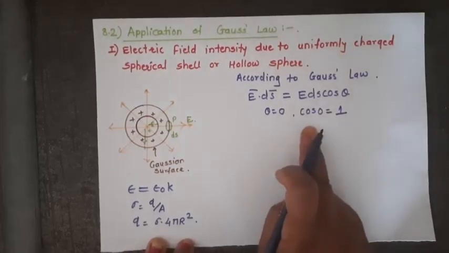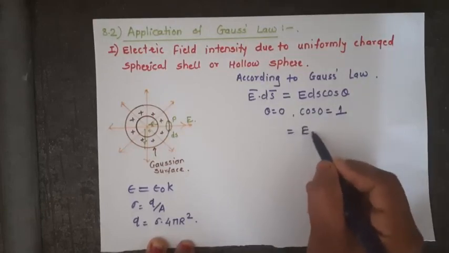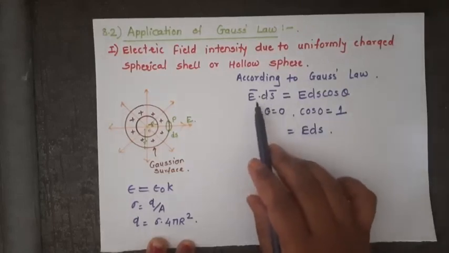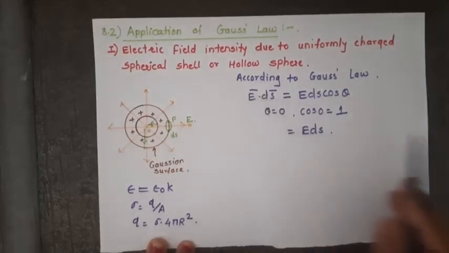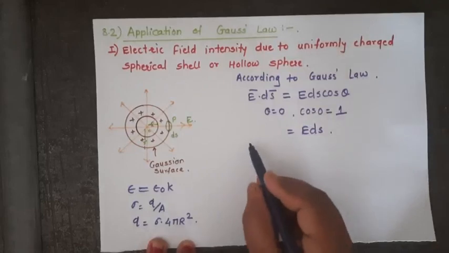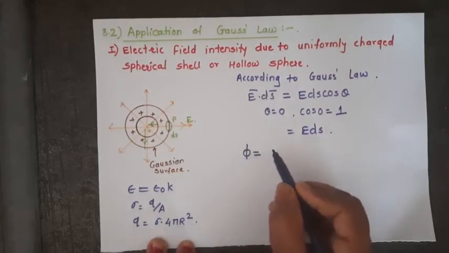Substituting, E bar dot ds bar is equal to E ds. Then to find the total electric flux phi through the Gaussian surface.